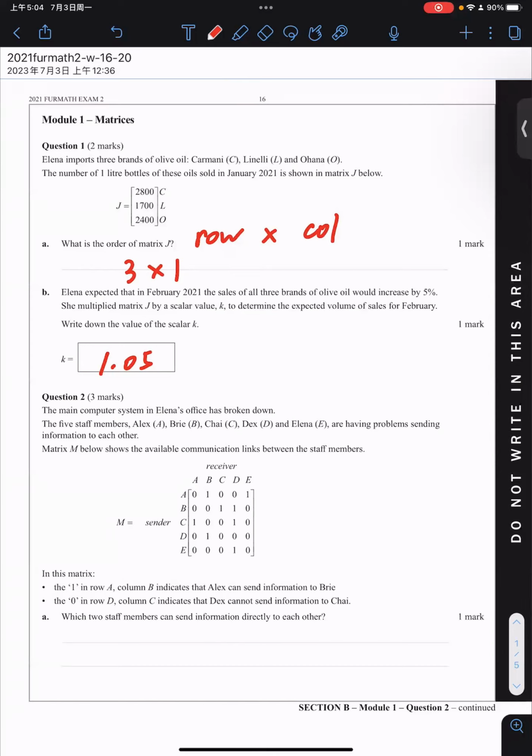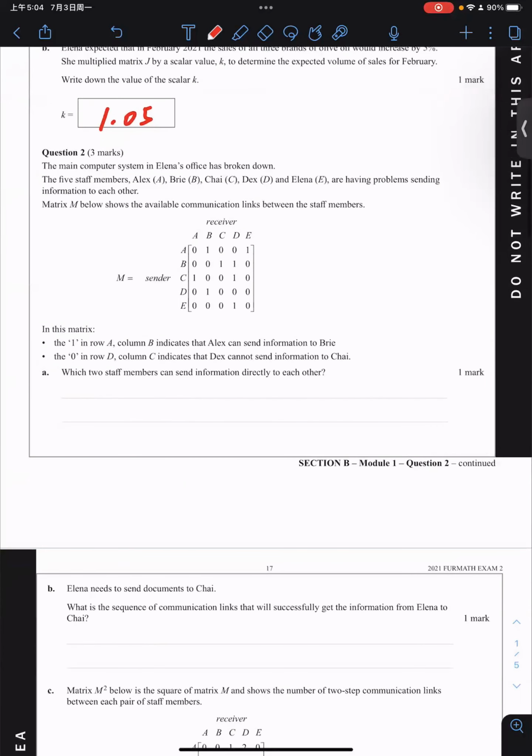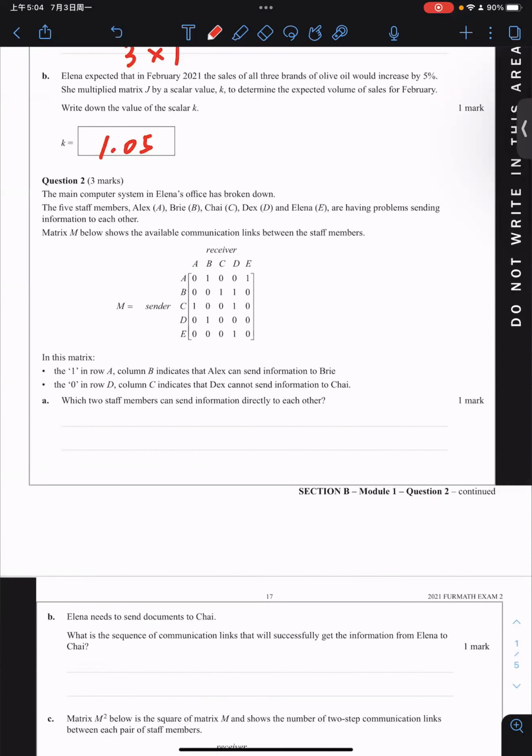Question 2. The main computer system in Elena's office has broken down. The 5 staff members, Alex, Bray, Chai, Dex, and Elena, are having problems sending information to each other. Matrix M below shows the available communication links between the staff members. Please read this information carefully because it indicates how to read the given matrix correctly. For example, number 1 in the row A, column B indicates that Alex can send information to Bray.